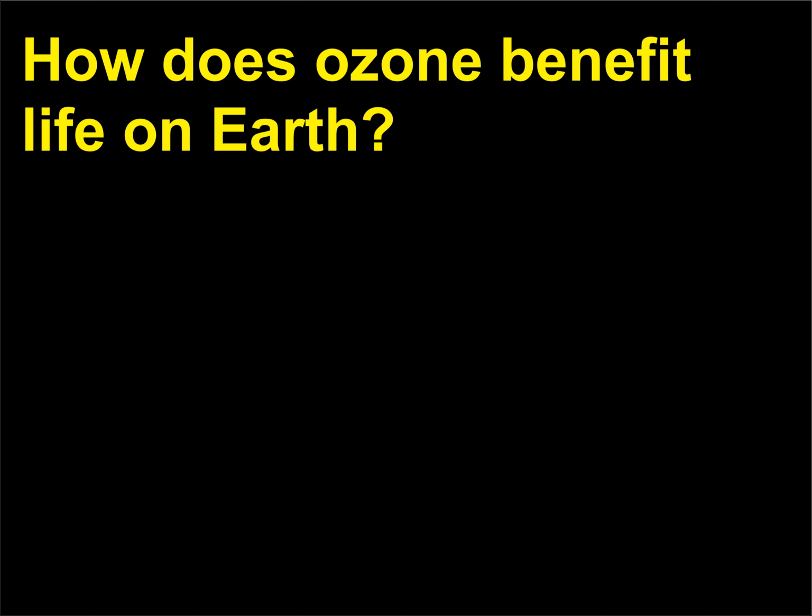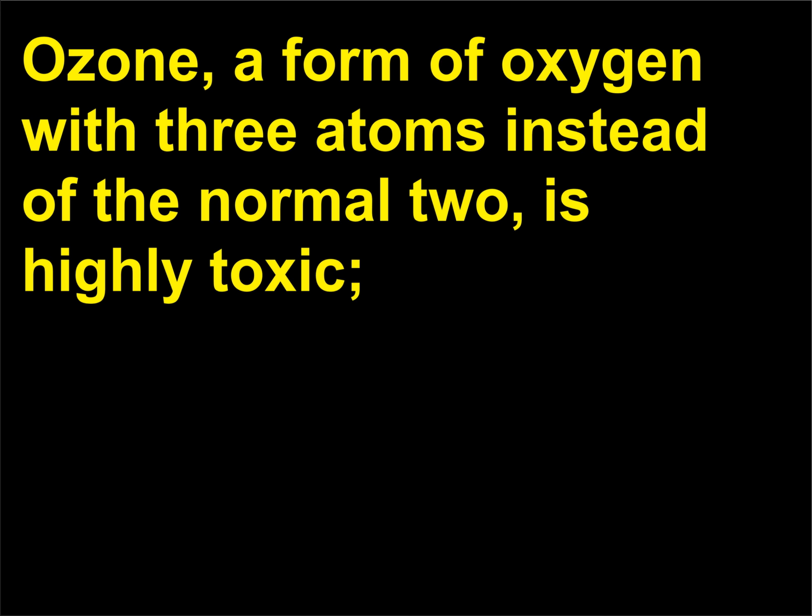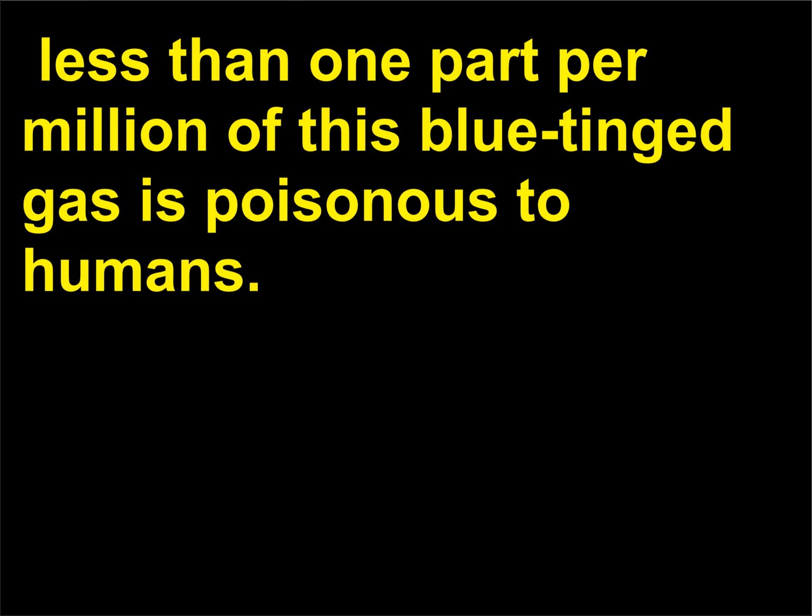How does ozone benefit life on Earth? Ozone, a form of oxygen with 3 atoms instead of the normal 2, is highly toxic. Less than 1 part per million of this blue-tinged gas is poisonous to humans.